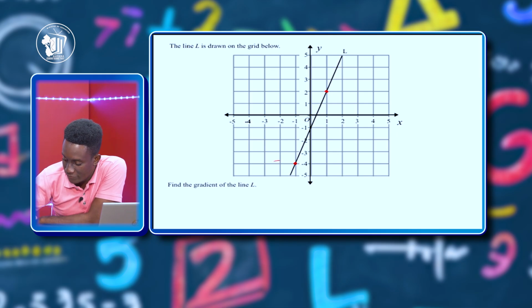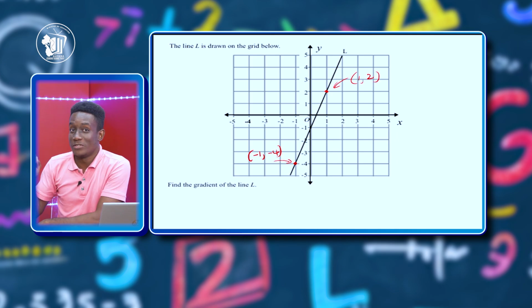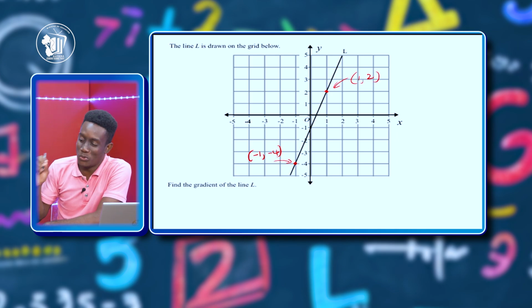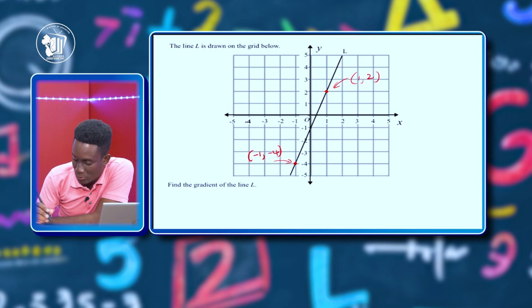So for this point, the coordinates would be, we go across -1 times, so it's -1, and we go down 4 times, -4. And for this point, we go across +1 time, and we go up 2 times. So to find the gradient, we use those 2 points. So let me work it right to the side here.